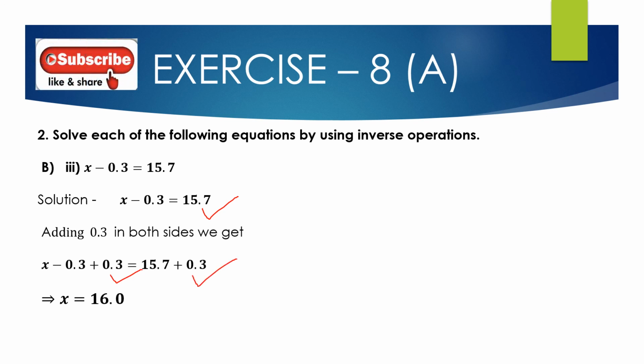Minus 0.3 and plus 0.3 will be cancelled. Now we get x equal to 15.7 plus 0.3. 15.7 plus 0.3 is 16.0, that is 16. Now we get x is 16. So the value for the variable x is 16.